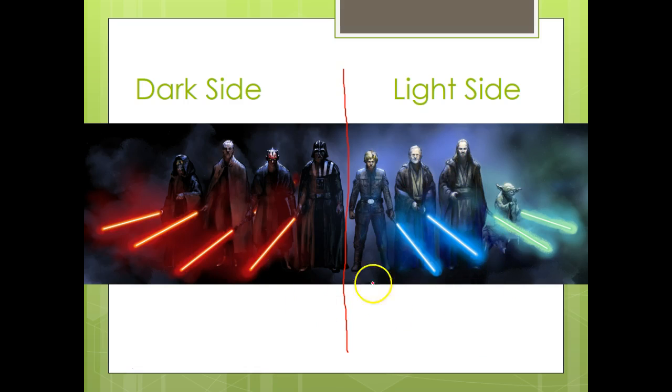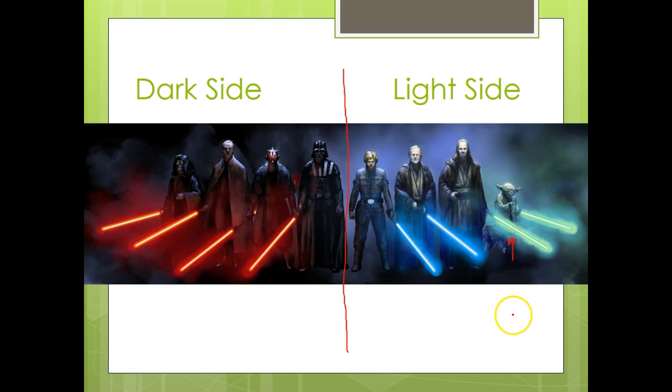The light side is obviously going to produce your NADP+ and your ATP, which are good molecules, and the dark side is going to take those good molecules and convert them into glucose with the inflow of carbon dioxide. And so you have little Yoda down here, which was always my favorite.